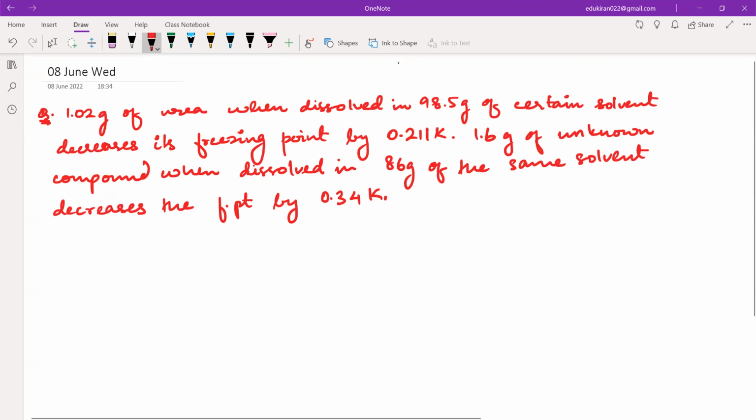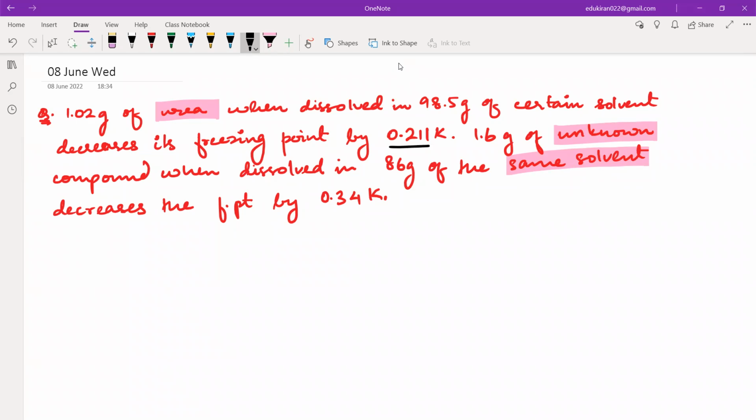In the first situation we are adding urea. In the second situation we are adding an unknown compound, but both of the solutes are added in the same solvent, and the depression in freezing point for both the cases has been given. The first case has 0.211 and the other case has 0.34 kelvins.